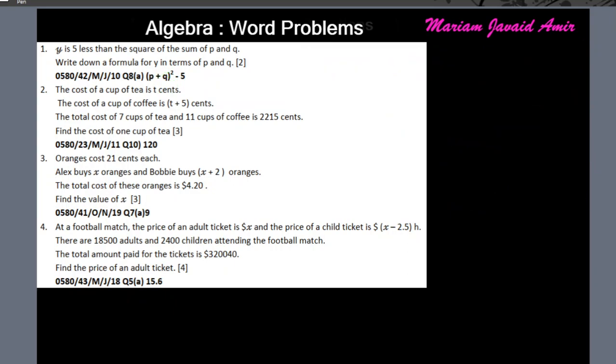Okay, question number 3: oranges cost 21 cents each. Alex buys x oranges and Bobby buys x plus 2 oranges. So the total cost for Alex will be 21x, and the total cost for Bobby will be 21 times (x plus 2).